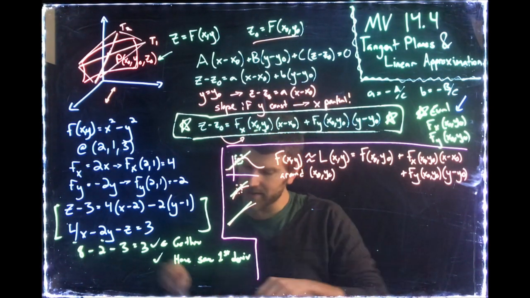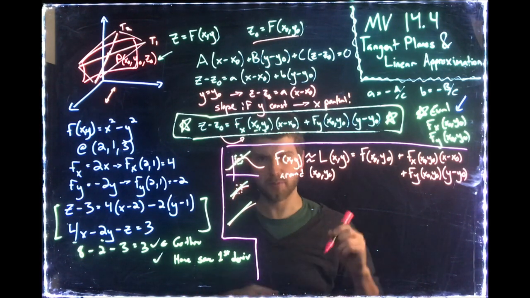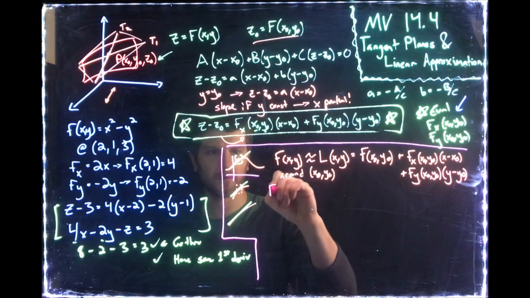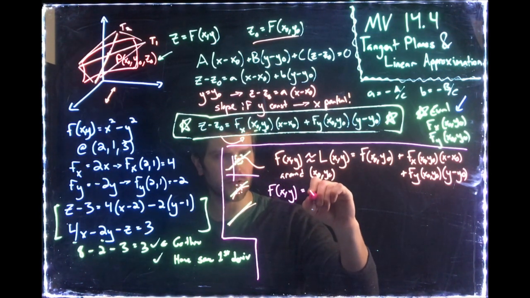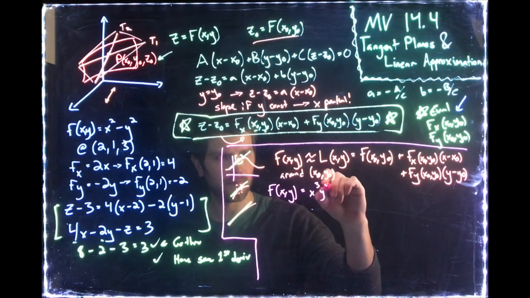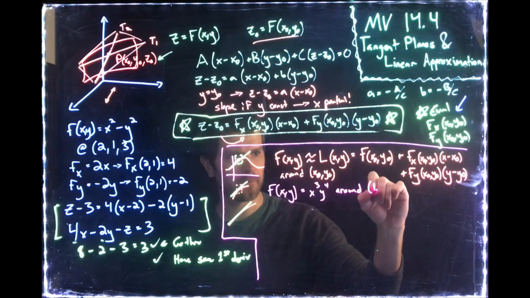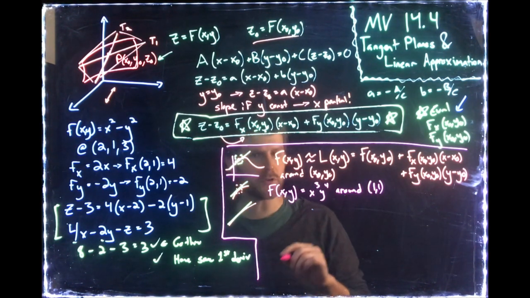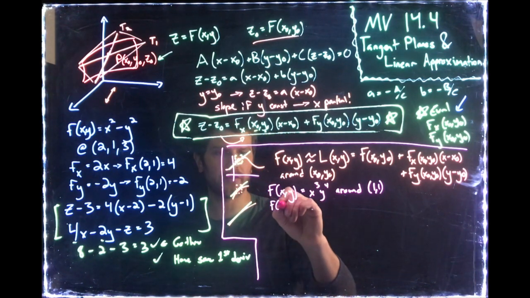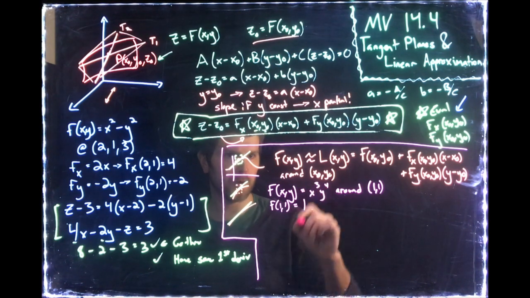So let's do a quick example of that. We're going to approximate the function x cubed y to the fourth around the point 1, 1. First of all, the actual value of the function, 1 cubed times 1 to the fourth, is just 1.